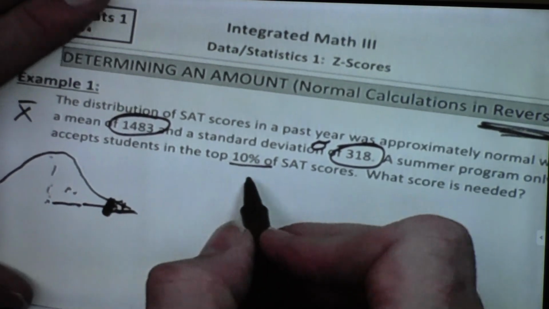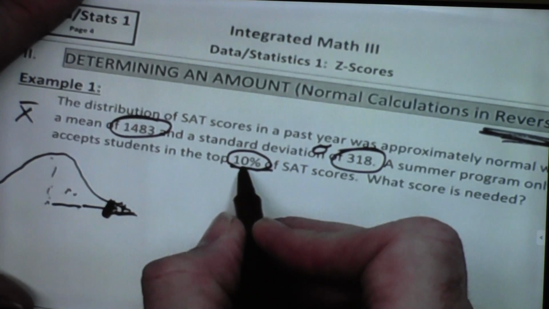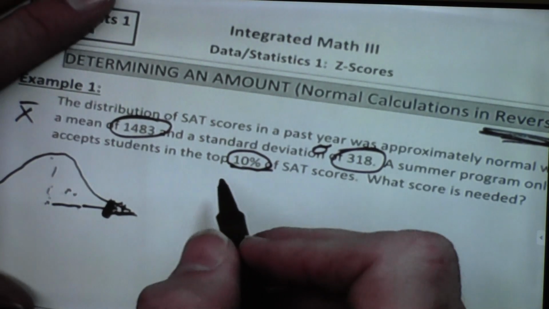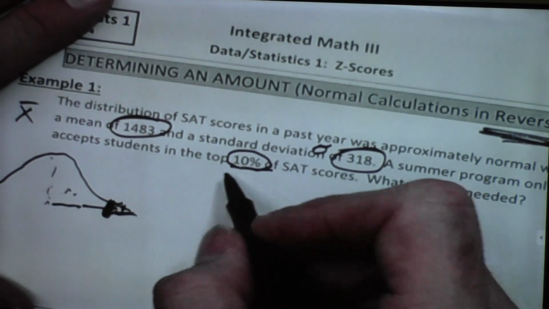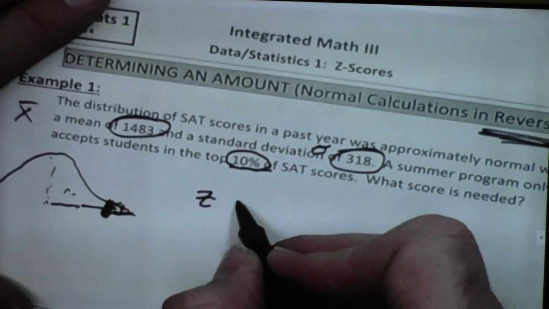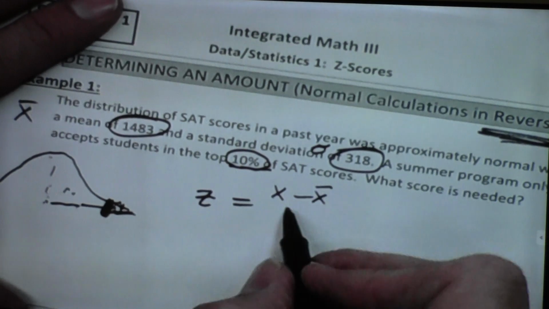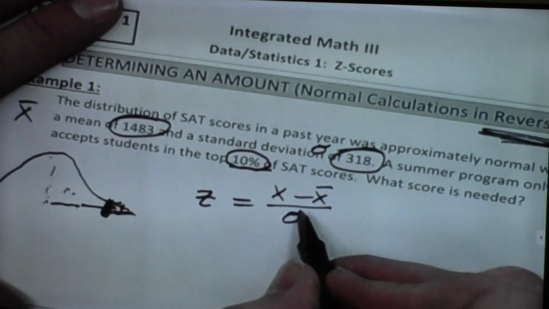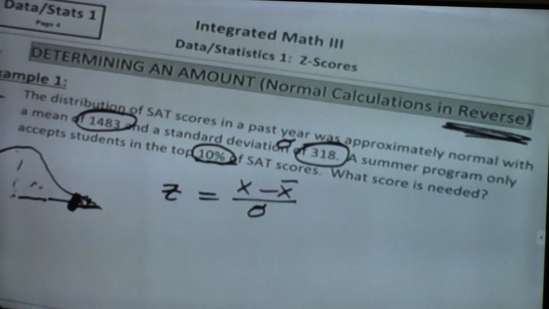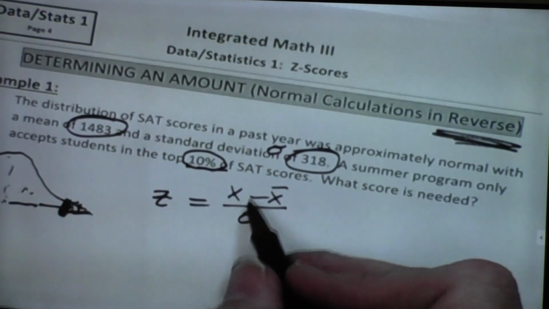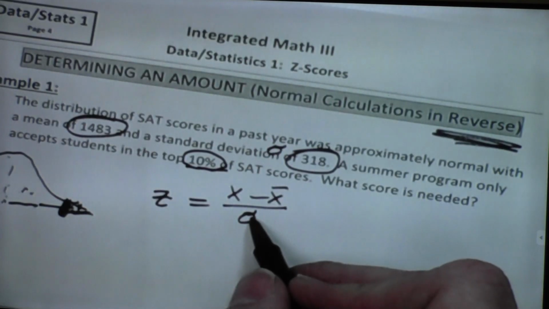So what we need to do is find the z-score for where 10% is, and then from that get the number. So the z-score is equal to x minus the mean over the standard deviation. Well, the problem here right now is we know this and we know this.